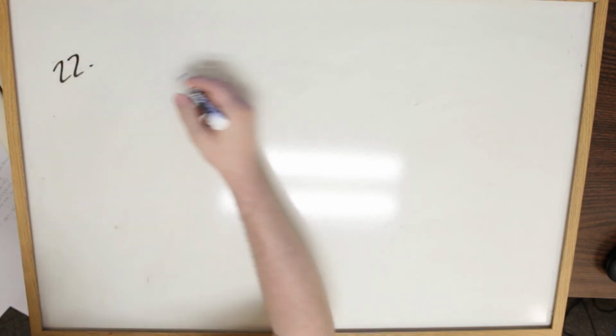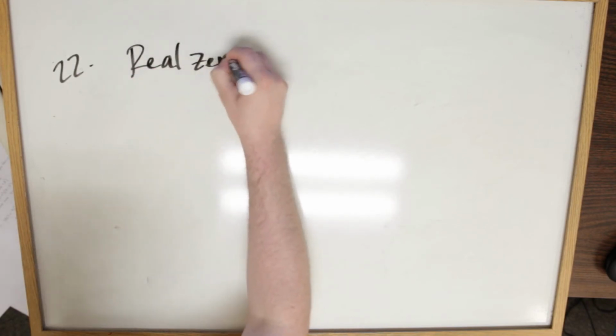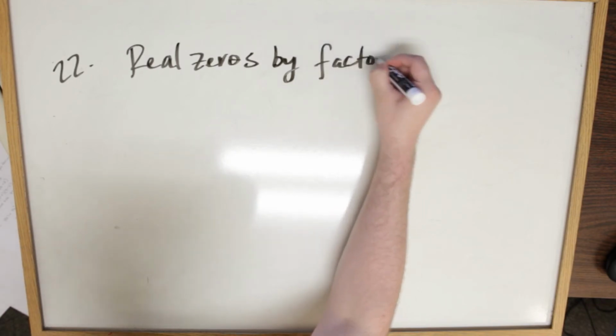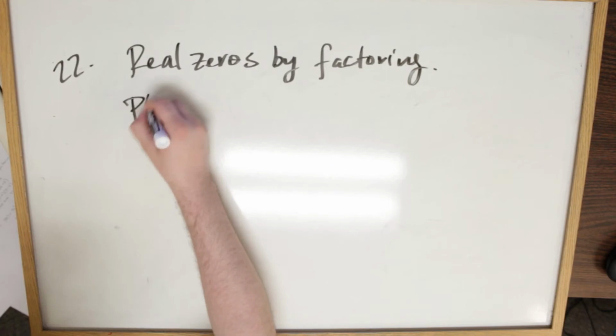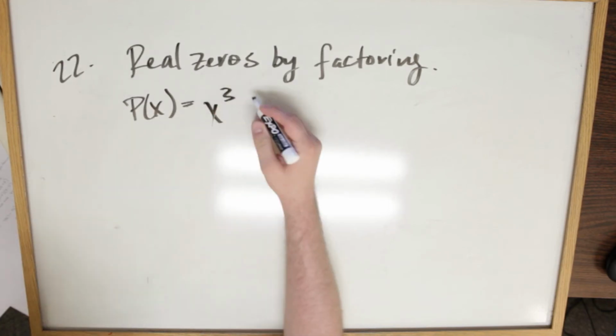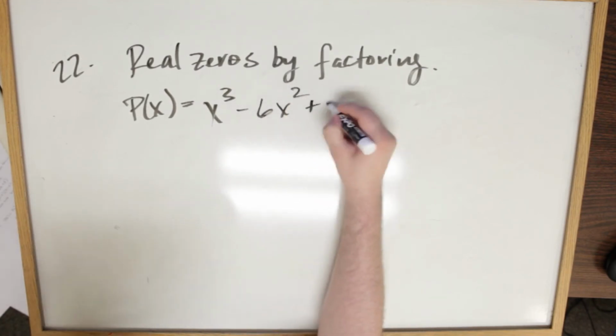All right, so let's actually find the real zeros by factoring. There's some behaviors we can look at here. Real zeros by factoring. Okay, so we've got p of x is equal to x cubed minus 6x squared plus 8x.